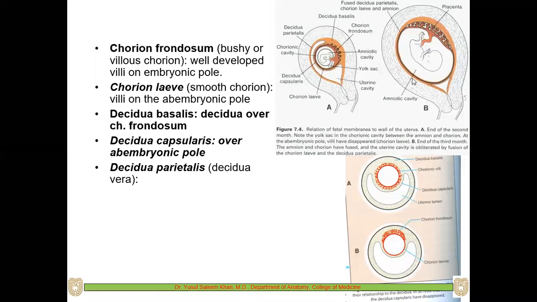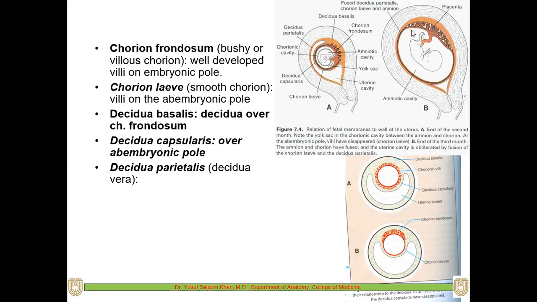If you see in the later stages, as the fetus develops and becomes larger and larger, all these cavities disappear. Now the fetus is covered completely by the amniotic cavity, and the yolk sac has become very small. We'll talk about this later in the next class. Then the chorionic cavity also disappears. The uterine cavity, where there was separation between the decidua capsularis and the decidua parietalis, also disappears as they fuse.